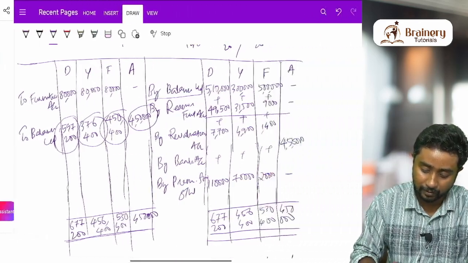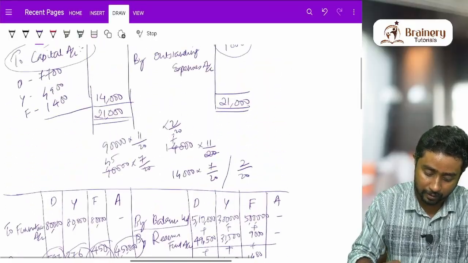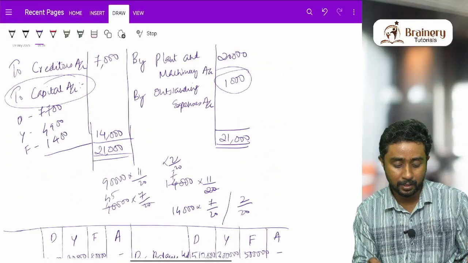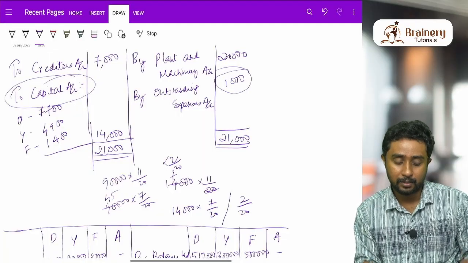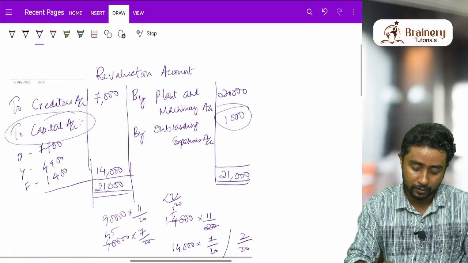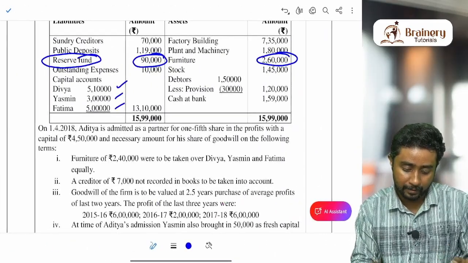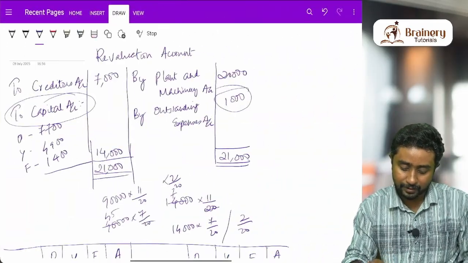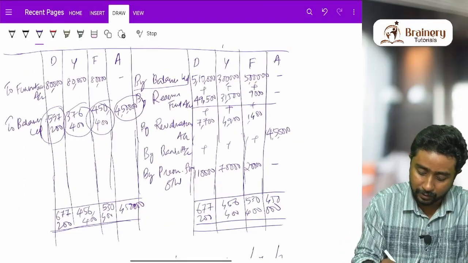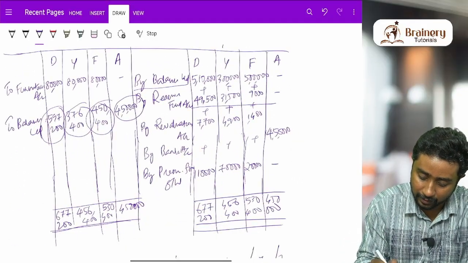And next thing, as you can see here, is revaluation account. From where did the revaluation account come? We have already prepared the revaluation account and found the profit. So how will you convert it into an entry? Revaluation account debit to Divya's capital, to Yasmin's capital and to Fatima's capital. So these three people's capital accounts are credited with this revaluation profit, 7,700, 4,900 and 1,400.